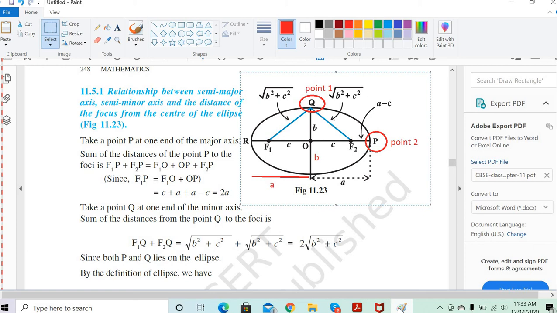Correct? Now what is the distance of P from the foci F1 and F2? What is PF1? See, PF1 would be A plus C, correct? What is the distance PF2 now?